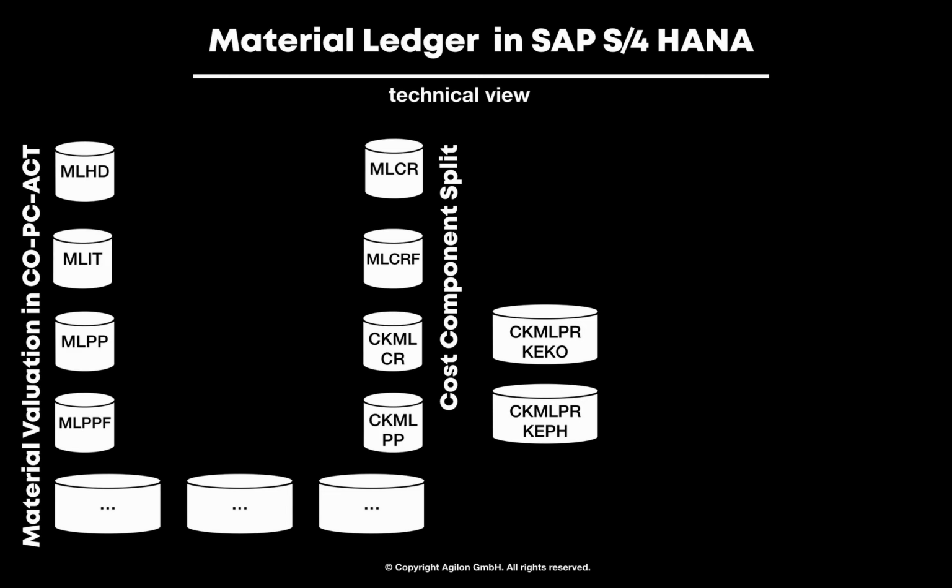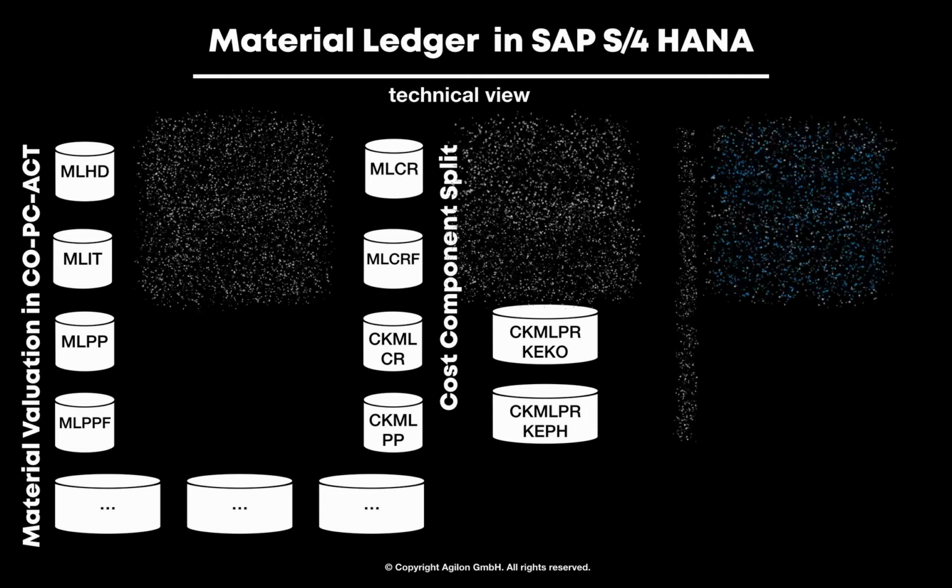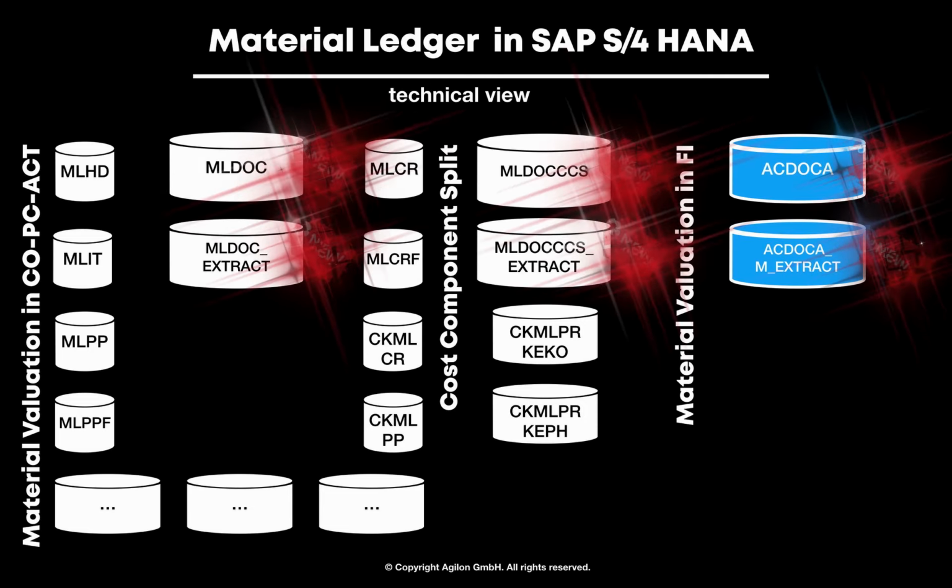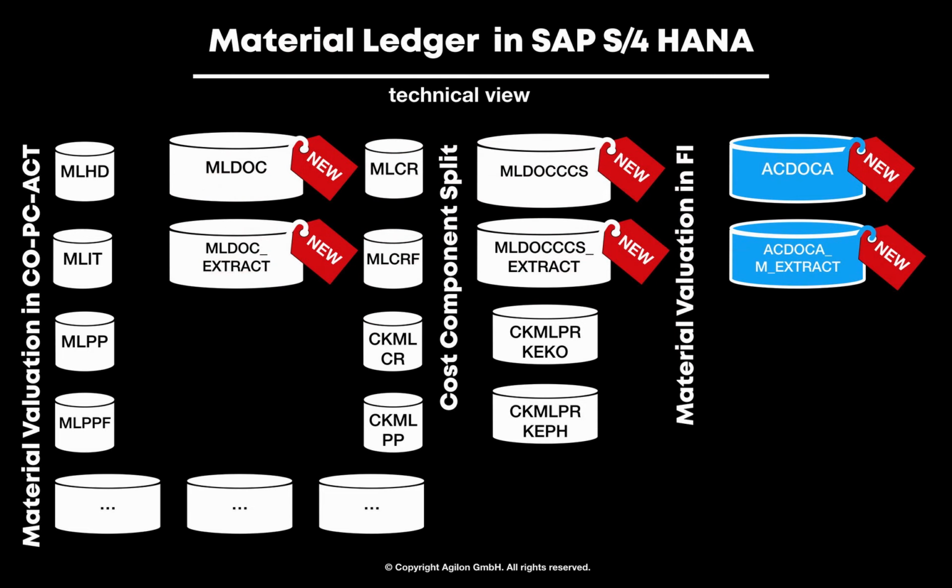These are, for example, ML tables in which periodic and closing documents were stored. In S/4HANA, these tables are only left with closing document data, since all periodic data has been moved to new tables. The new main tables are MLDOC, MLDOCCCS in material ledger actual costing, and ACDOCA in financial accounting.